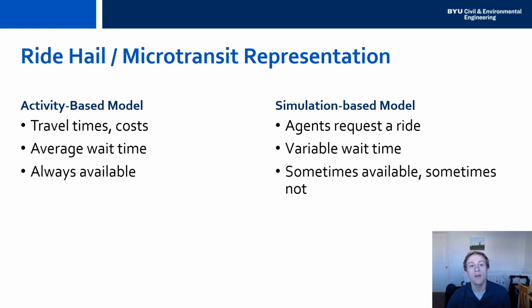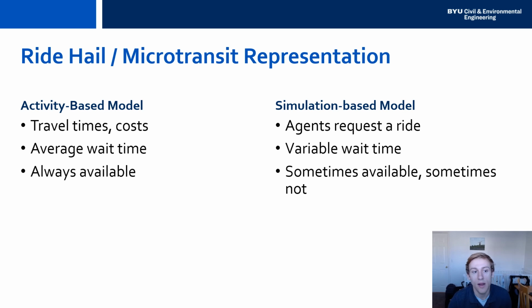So for example, here on the bulleted list, it explains that activity-based models really only use travel time and costs as factors in considering if microtransit is a good mode option. On top of that, it uses a singular average wait time for every user that wants a microtransit vehicle. So everyone, for example, may have to wait exactly 8 minutes every time before using an Uber. That's not very realistic. You know, sometimes it takes 30 minutes, other times they're really close by and it takes only 3 minutes, right?